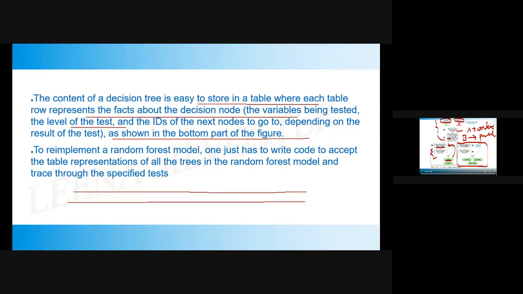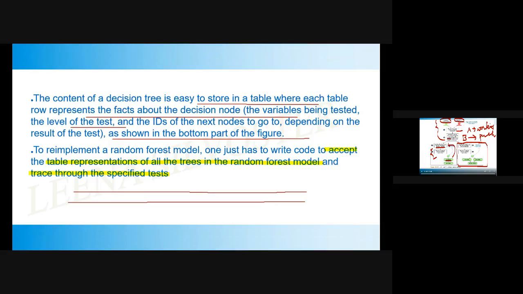To implement a random forest model, one has to write code to accept the table representation of all the trees in the random forest and walk the trees through the specified tests.